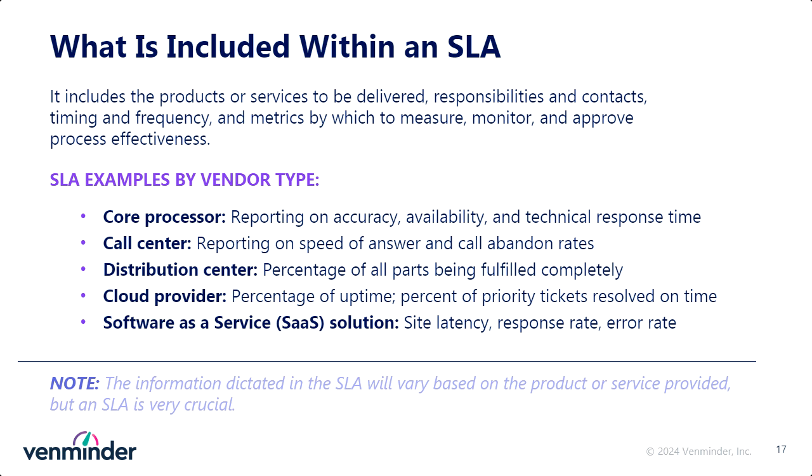And then for a software as a service solution, site latency, response rate, being the response when you click enter or click something that the system is responding, and maybe an error rate. Again, the information dictated in the SLA will certainly vary based on the product or service provided, but having an SLA in place for these critical vendors is certainly a best practice and something we all should be doing.